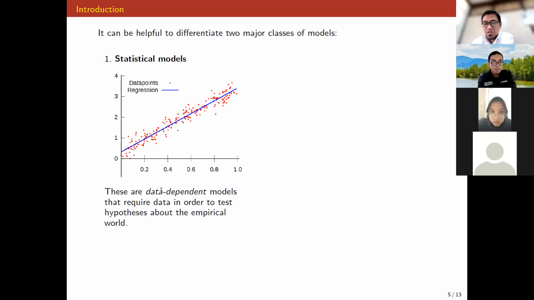They require data in order to test hypotheses about the empirical world. Someone has a hypothesis about the empirical world, and then we build the data dependent model to test whether this hypothesis can be accepted or rejected. That is statistical models.